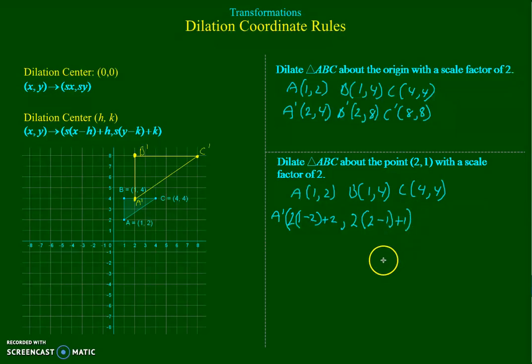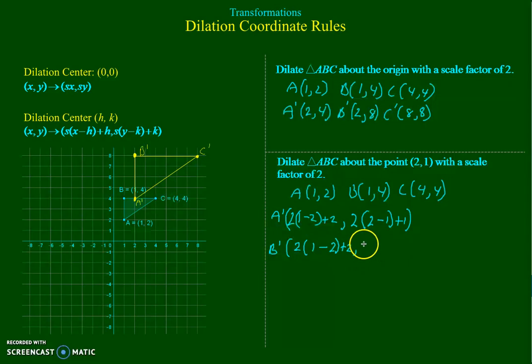So that's A prime. B prime, we're going to do something very, very similar here. We're going to take our scale factor, take our point, subtract off the x-coordinate, which is the same as this, subtract off the 2, then add the 2 back.